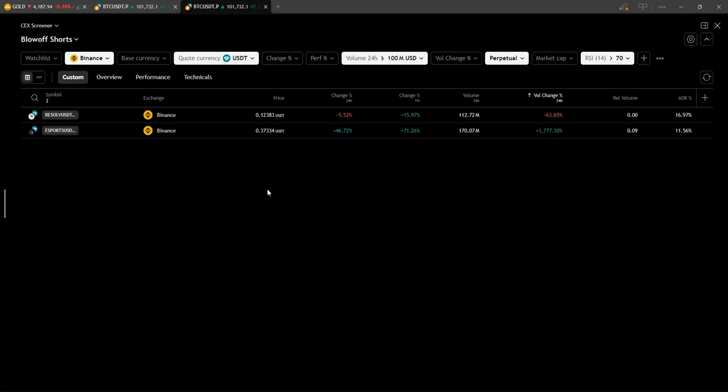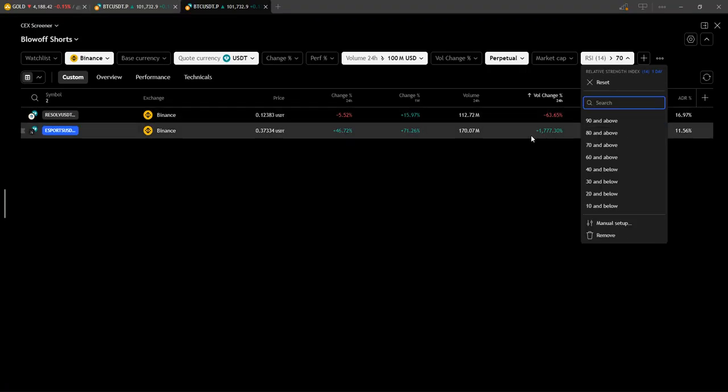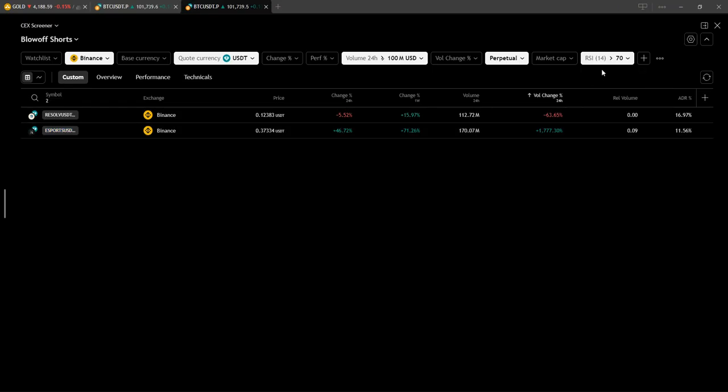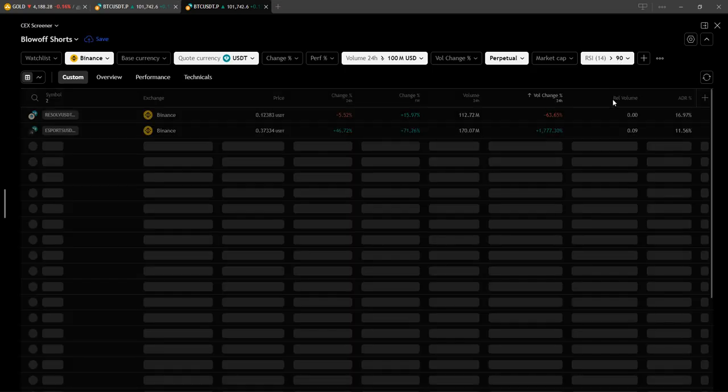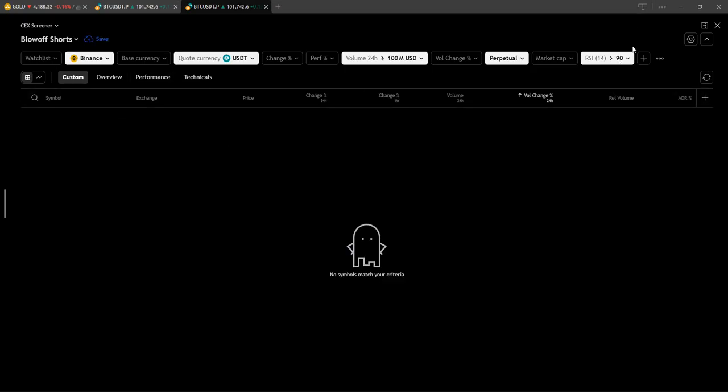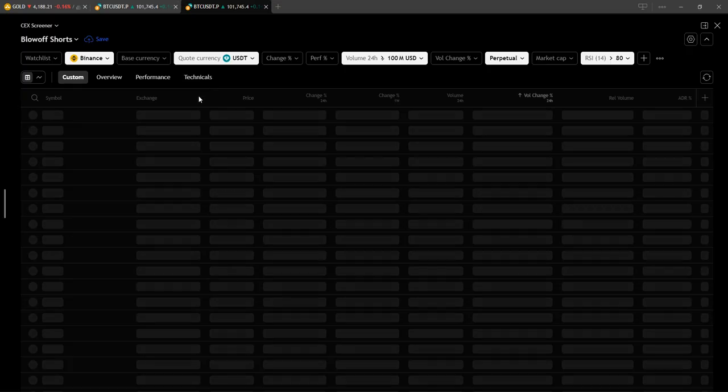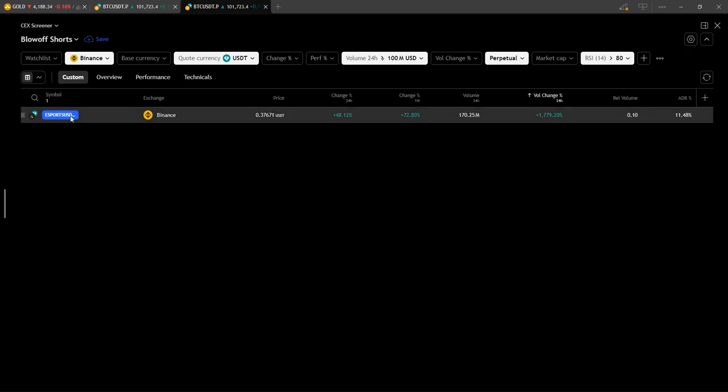Number one is I want to look at RSI being at least above 70. Obviously, if it's above 80, if it's above 90, then it's more likely that it's overheated, right? So you can start off with 90, nothing really there. Go backwards, 80.